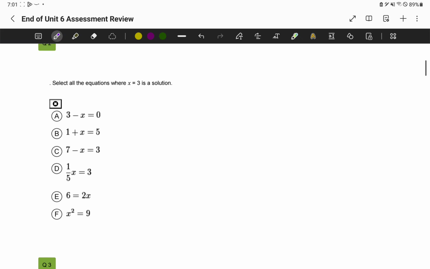Now, a lot of you tend to skip over the word all. Okay, so we're selecting all equations where x is 3. When it says select all, it is never going to be just one answer. So don't choose just one answer.